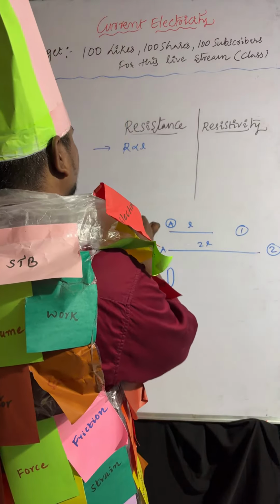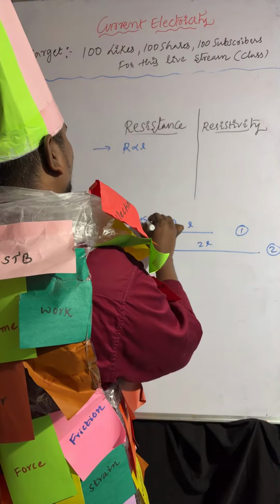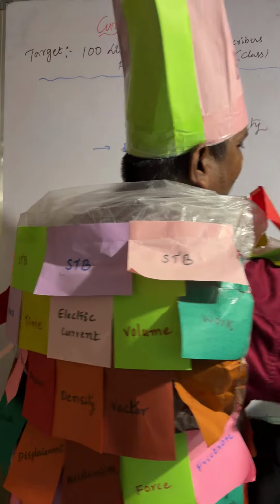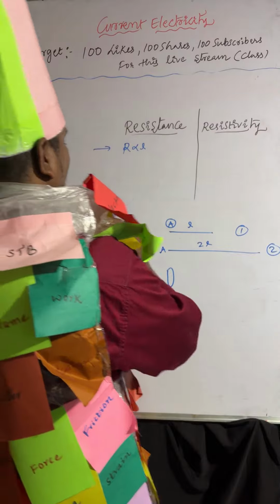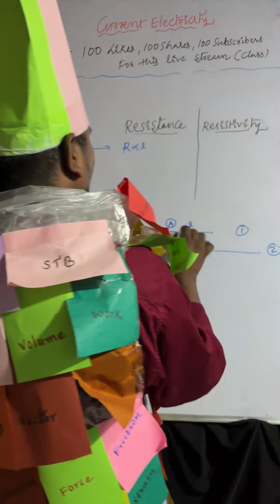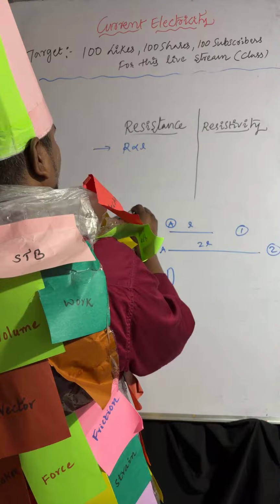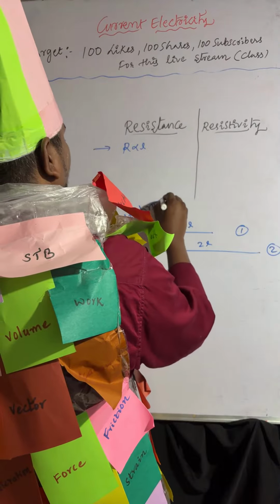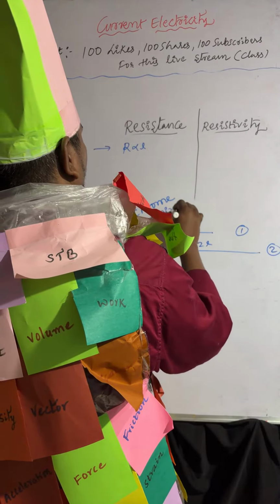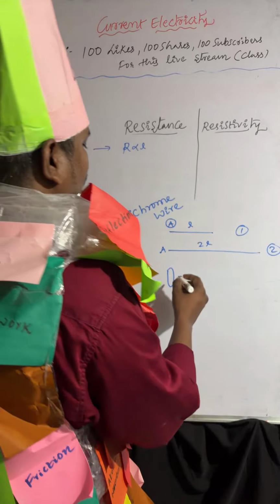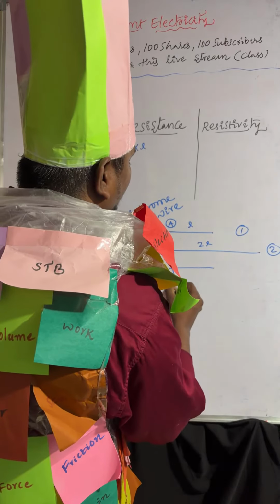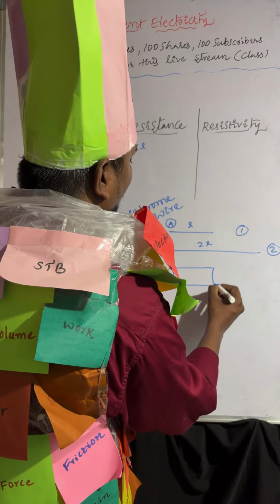So this wire is a resistor. Why am I taking nichrome wire? In the 3 cases, case 1, case 2 and case 3, nichrome wire only I am taking.